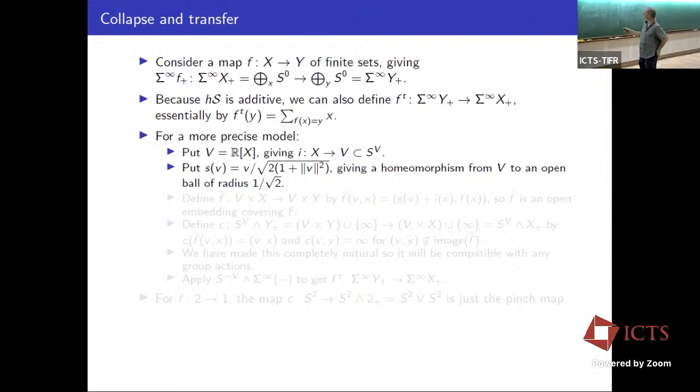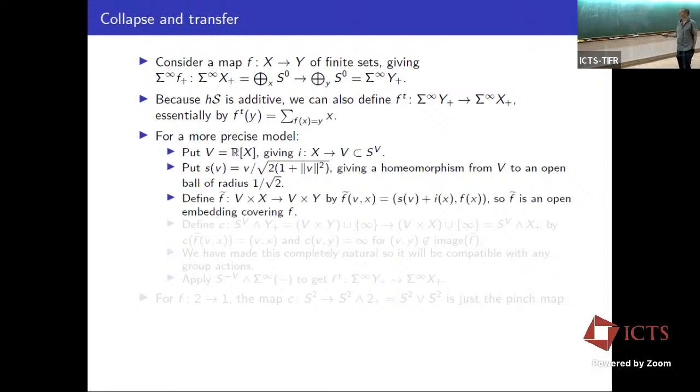Now, if I have an open ball of radius 1/√2 around the origin in V, it's pretty standard that the open ball is homeomorphic to V itself. If you want, here's a formula for it. s(v) is v divided by the square root of 2 times (1 plus the norm of v squared). This gives you a homeomorphism from V to this open ball.